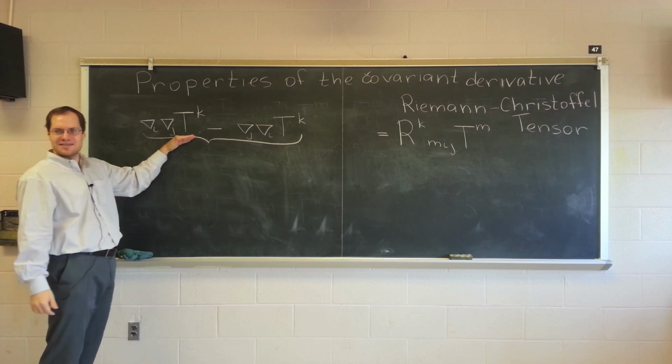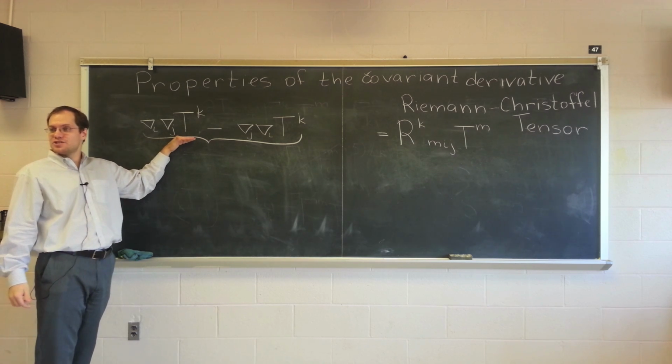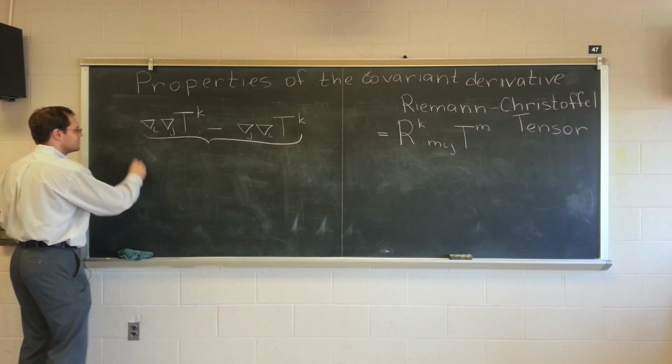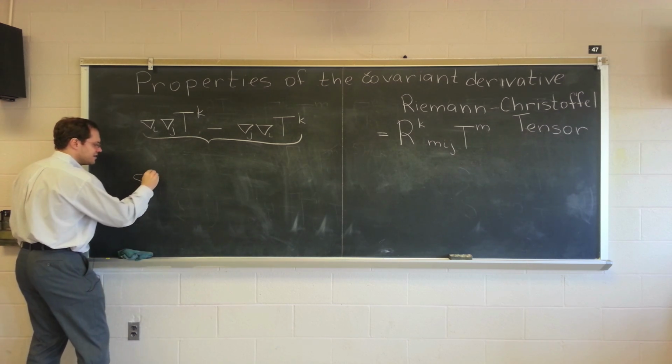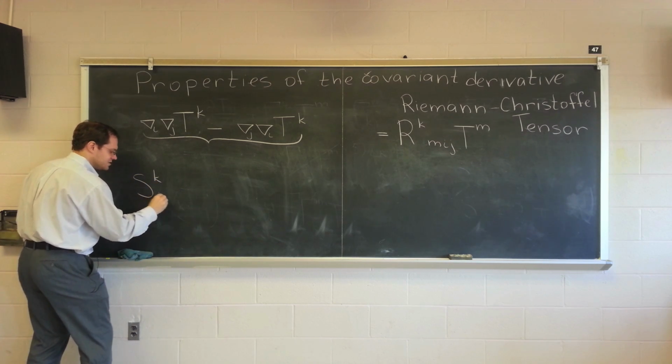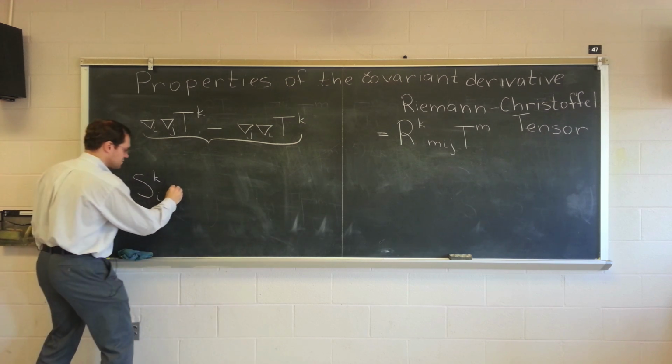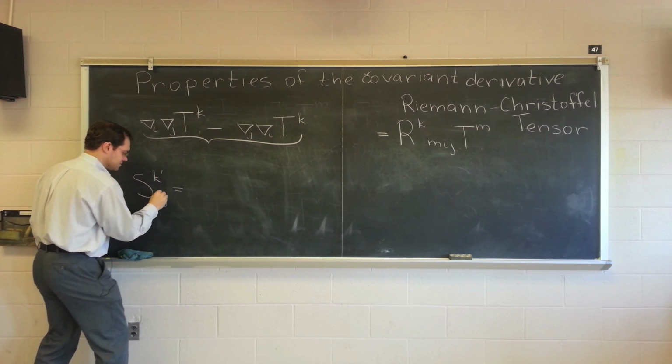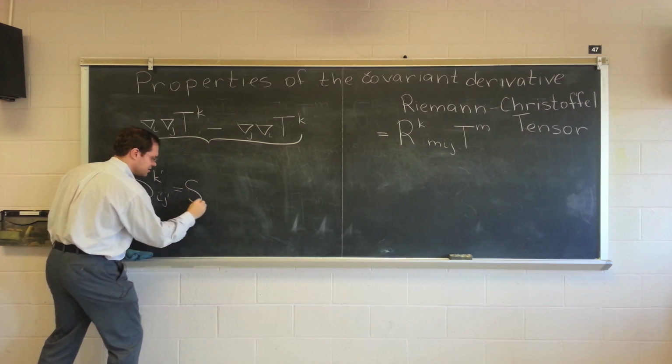So we don't know what this is, but at the very least we know how it changes from one coordinate system to another. We know exactly how it changes. Well, let me call this S^k_{ij}. Here's what I don't know: what it equals, but here's how it changes from one coordinate system to another.